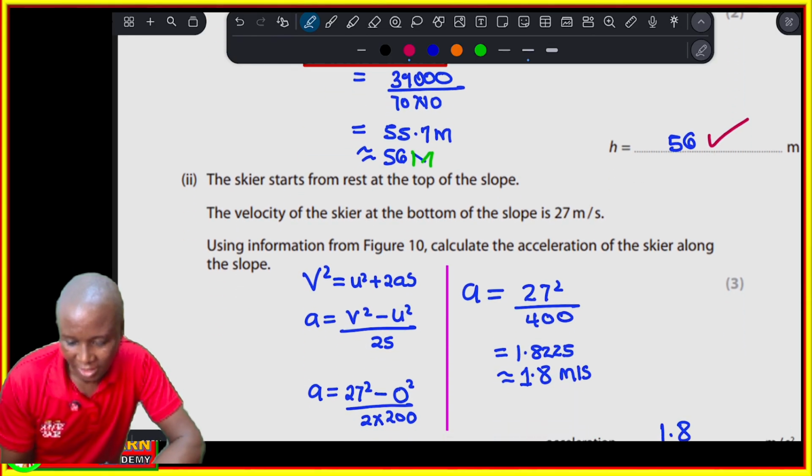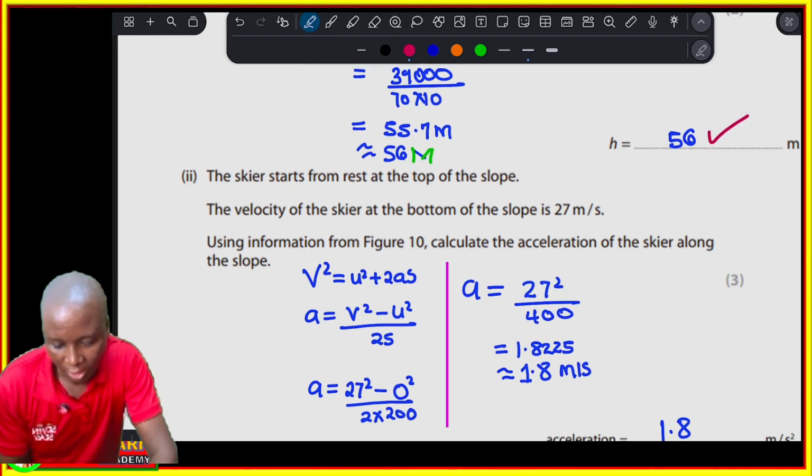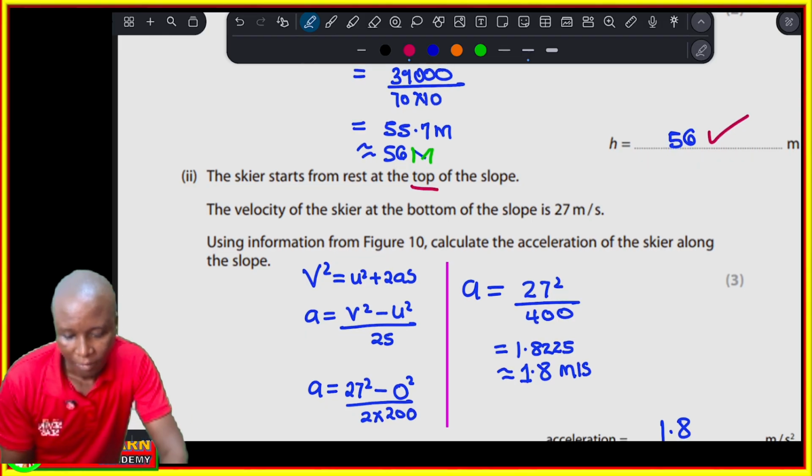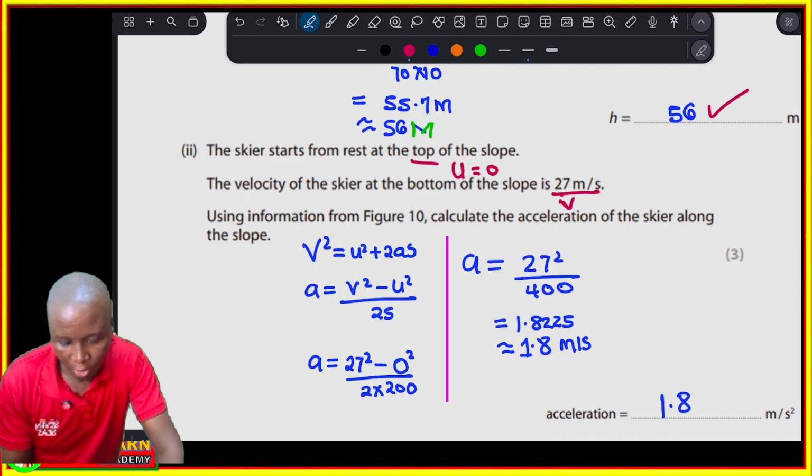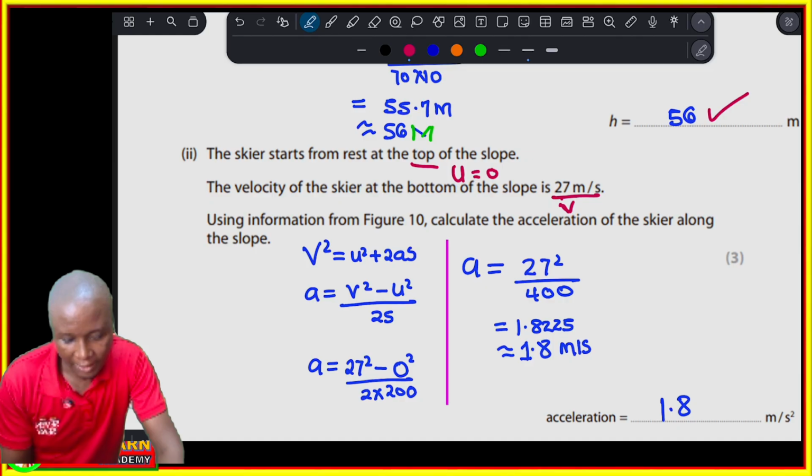Then we are told the skier starts from rest. So at the top is at rest, meaning the initial velocity is basically 0. Then we are told the velocity at the bottom is 27, which means this is the final velocity. And we were supposed to work out the acceleration.